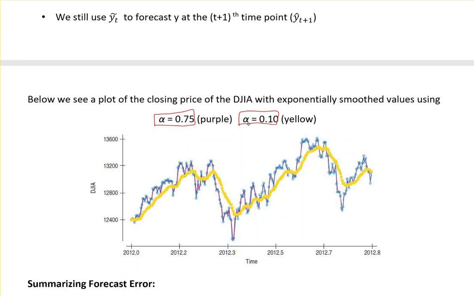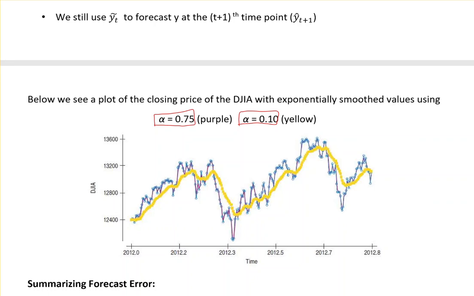All right, and for this one, alpha equals 0.1, this alpha is closer to 0, right? So if alpha is close to 0, that means the current value is not important. The prediction would be more focused on all the previous values. That means your line will be very smooth, right? So which one is it?